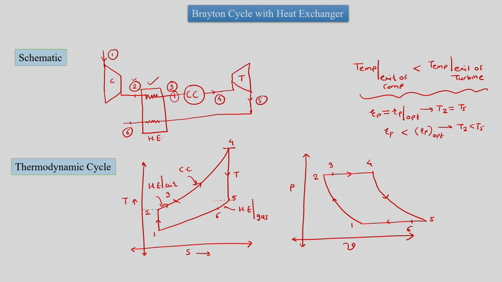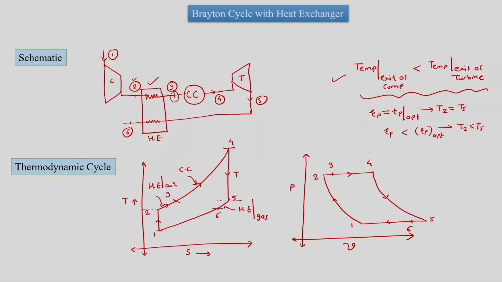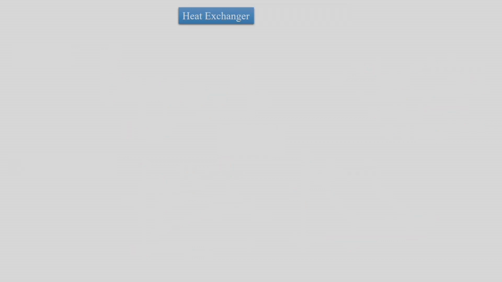In parallel, the mean temperature of heat rejection has decreased, since we did not reject heat from 5 to 1, we rejected it from 6 to 1. Since the mean temperature of heat addition increases and the mean temperature of heat rejection decreases, the efficiency of the Brayton cycle practically will increase. So the importance of the heat exchanger is to increase the efficiency, and this remains the constraint for its implementation.